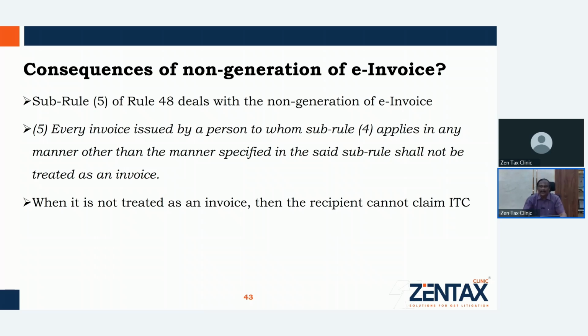So if a person to whom the e-invoice provision applies does not generate an e-invoice, that is not at all considered as an invoice. What are the consequences? When it is not considered as an invoice, the recipient cannot claim ITC. This will affect your recipients very badly when you fail to generate the e-invoice when it is applicable to you.